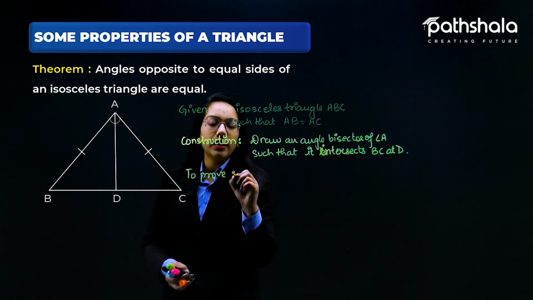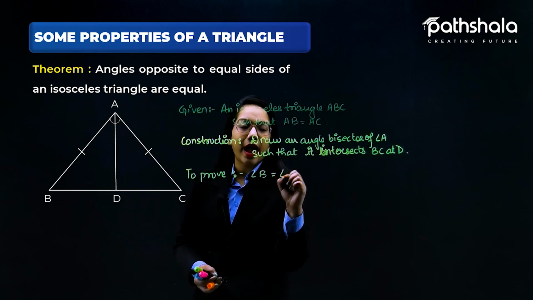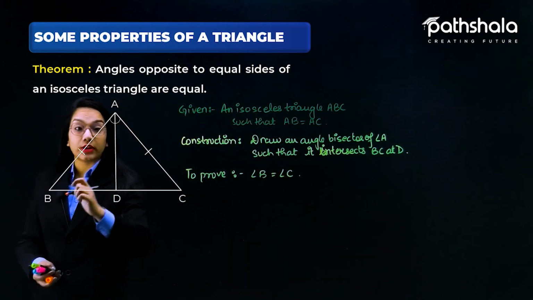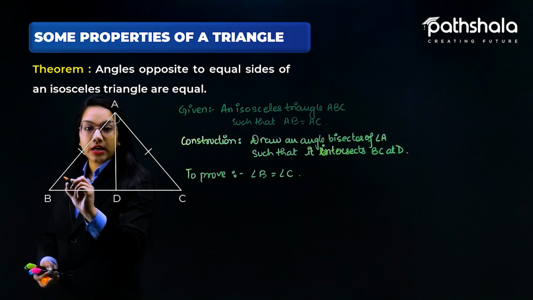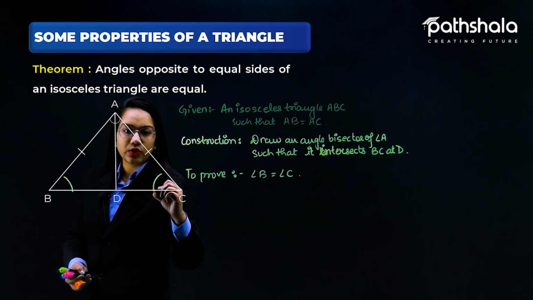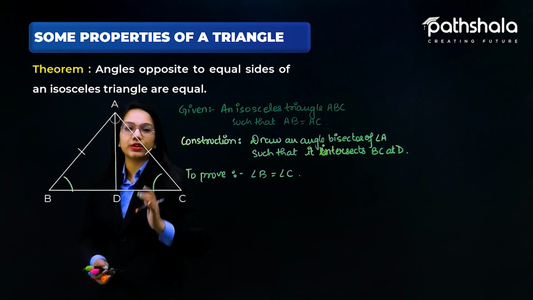We have to prove that angle B is equal to angle C. According to the theorem, we have to prove that the angles opposite to the equal sides, this angle and this angle, are equal. So we have to prove that this angle is equal to this angle.